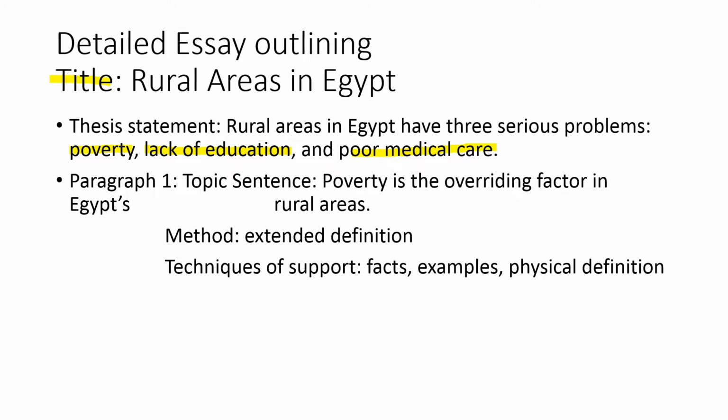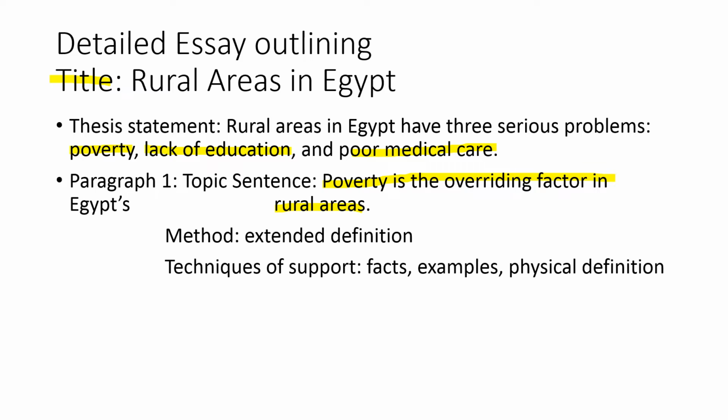And the first body paragraph is about poverty, the second is about lack of education, and the third is about poor medical care. So in paragraph 1, the topic sentence is: poverty is the overriding factor in rural areas. This is the topic sentence of the first body paragraph, okay?